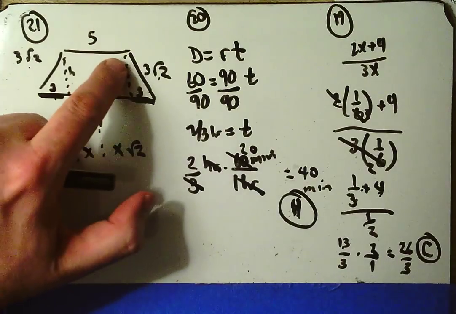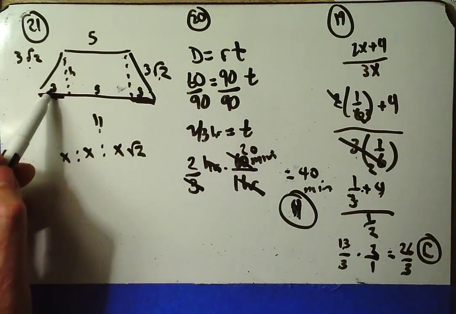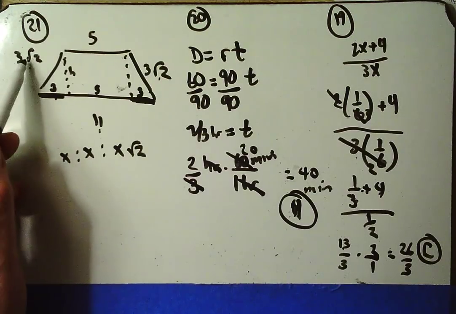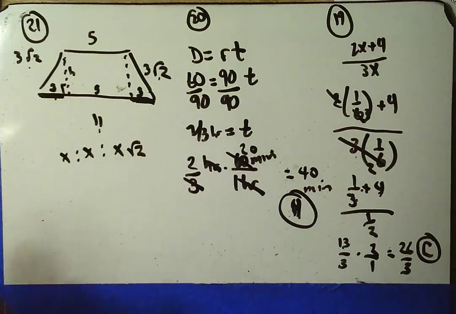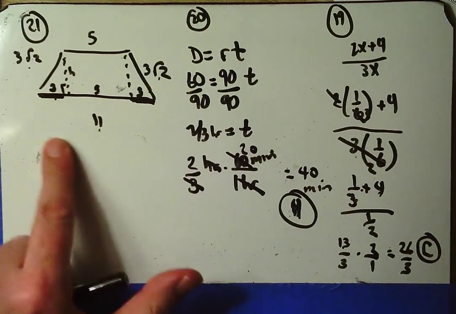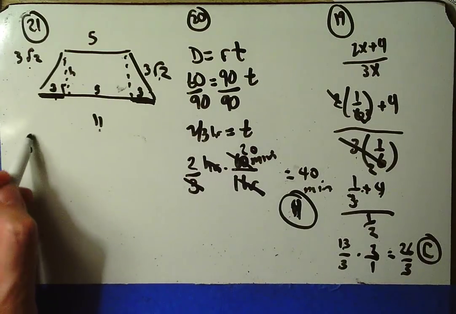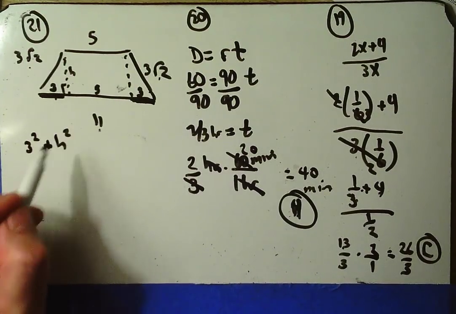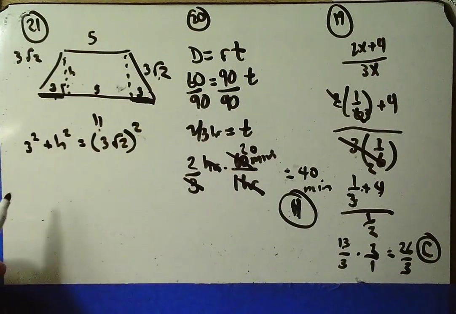But let's say you didn't know that. Let's say you didn't recognize the 45, 45, 90. You were able to figure out that this side was 3. You know the hypotenuse is 3 root 2, and you know that this is a right triangle. So we can always use the Pythagorean theorem when we know 2 of the sides. We'll have 3 squared plus h squared equals 3 root 2 squared.